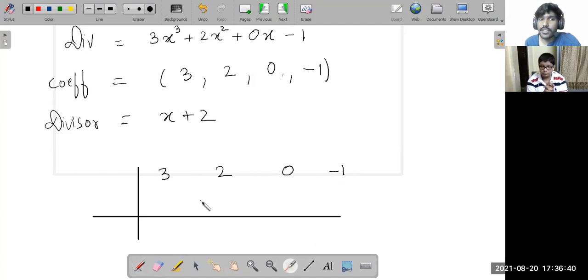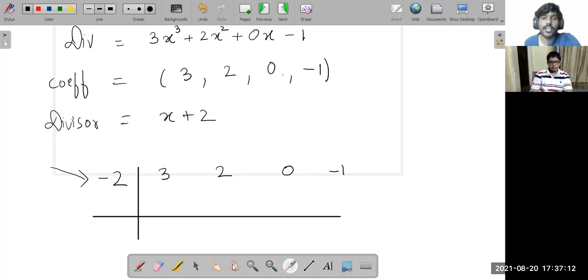Now you look at your divisor, x plus 2. Whenever it is plus 2, on this side you write minus 2. If it is a plus sign and a number, you write the negative of that number here. So plus 2 became minus 2. If it had been minus 2, you would have written plus 2 here. Is this clear?